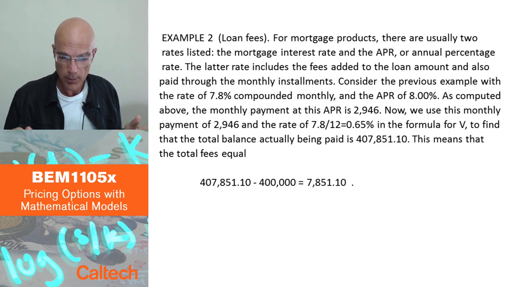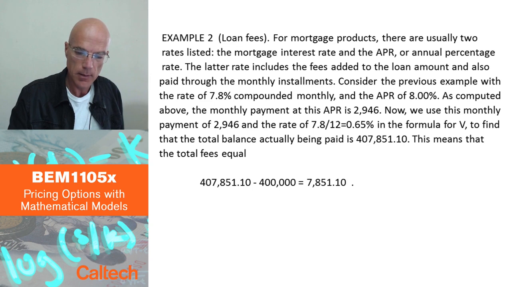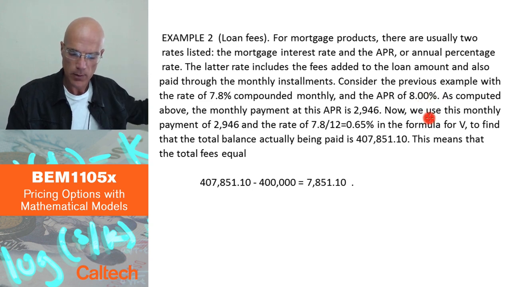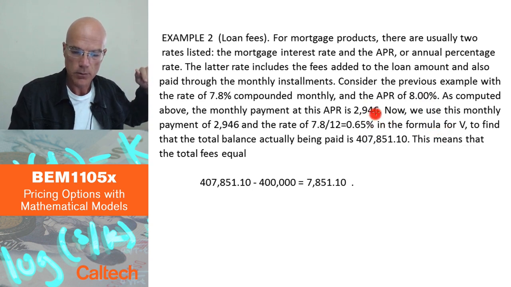So we know what the monthly payment is. The APR is 8%, applied to 400,000 without fees, and we know the monthly payments will be $2,946 from the previous slide.